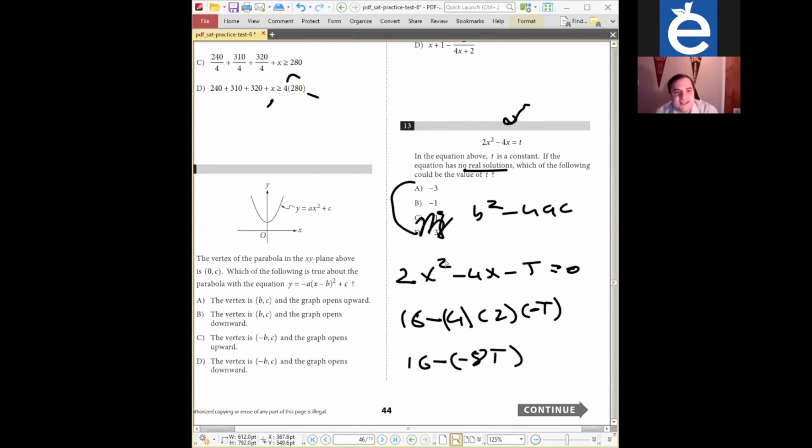Now, if t is 1, then we have 16 minus 8, right? That's not going to get us negative. However, 16 minus negative 8 times negative 3, which is to say 16 minus 24, is equal to negative 8, which means no solutions.